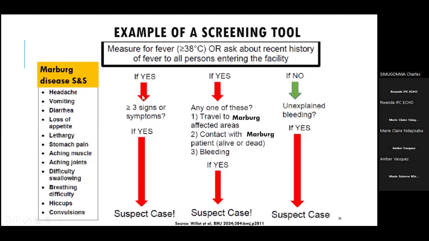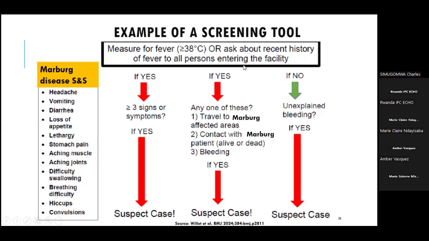If the fever is present, we must have 3 or more other symptoms, like headache, vomiting, diarrhea, all these ones. If fever and 3 symptoms are present, yes, this is a suspect case.